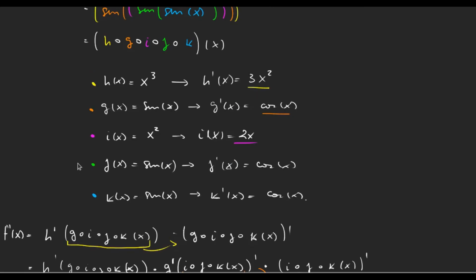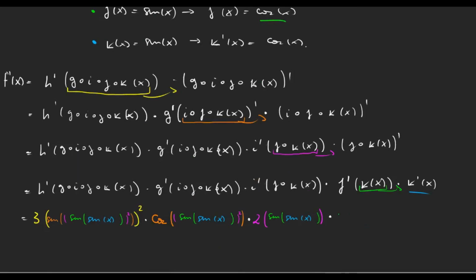Now j prime is the cosine of x, so we're going to have the cosine of something, and that something is what's inside j in here, so it's the sine of x. And finally, we multiply all this by k prime, and k prime is the cosine of x.